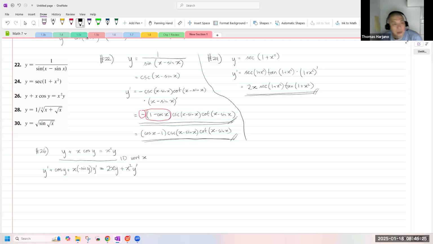Now, collect the terms with y prime on one side. Equals 2xy minus cosine y. So this is y prime here. Now I factor the y prime out.